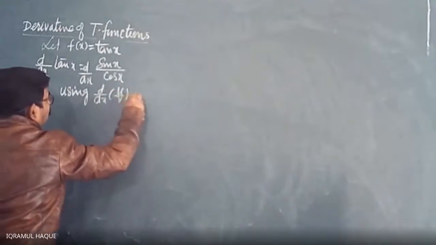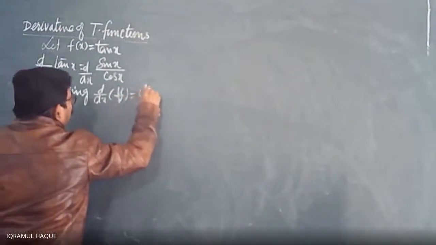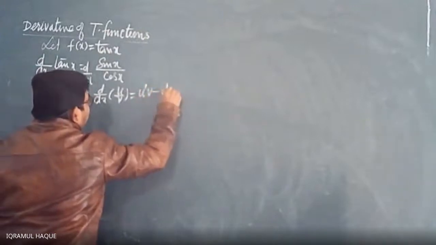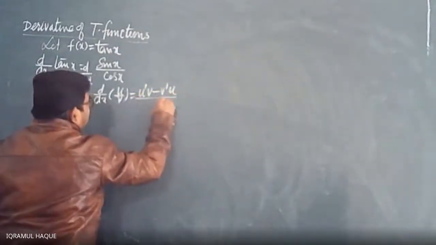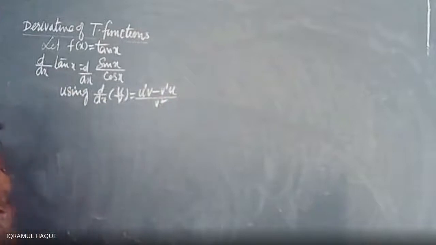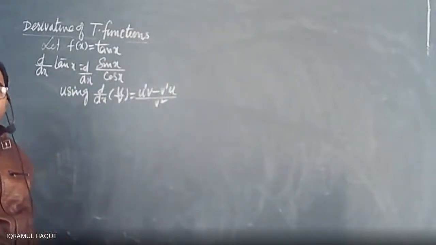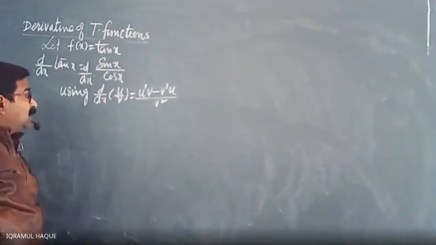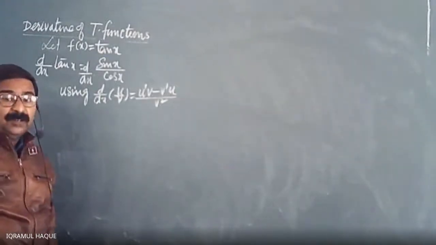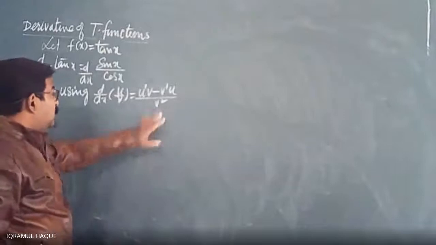What I told, this is u dash v minus v dash u upon v square, means derivative of numerator into denominator minus derivative of denominator into numerator upon denominator square.